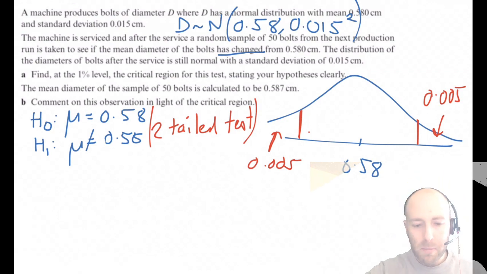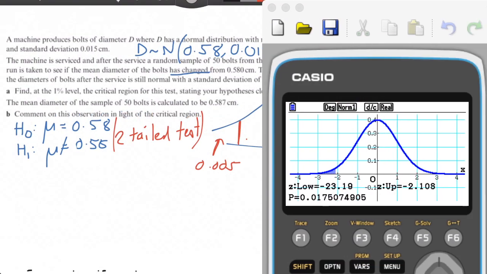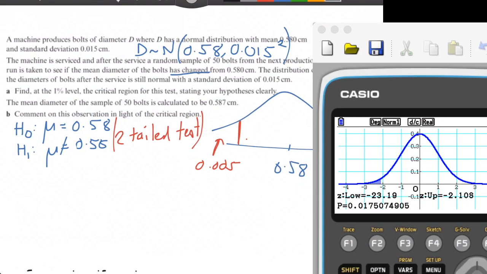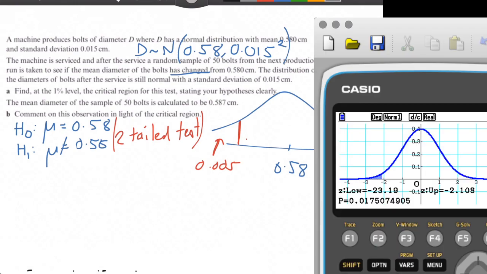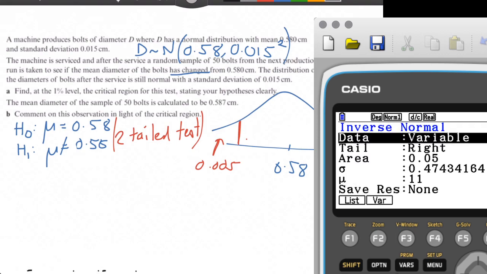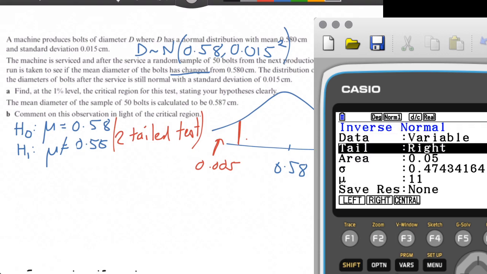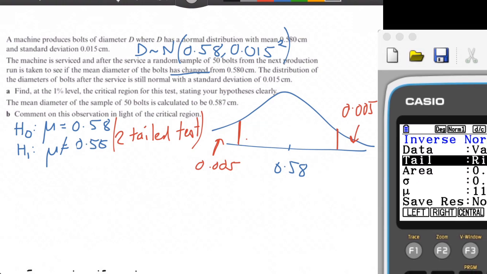If I bring up the graphical calculator, all right, we're going to do distribution, normal distribution, inverse normal because we know the probabilities. You can do either tail because the percentage is the same for each tail, so it doesn't actually matter which way round we have it this time.